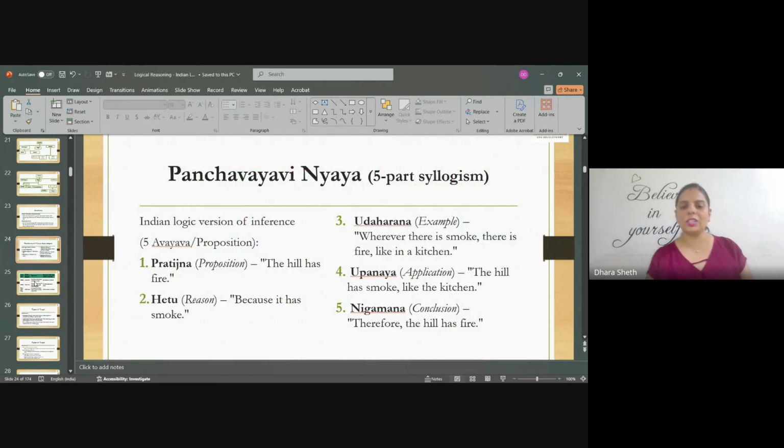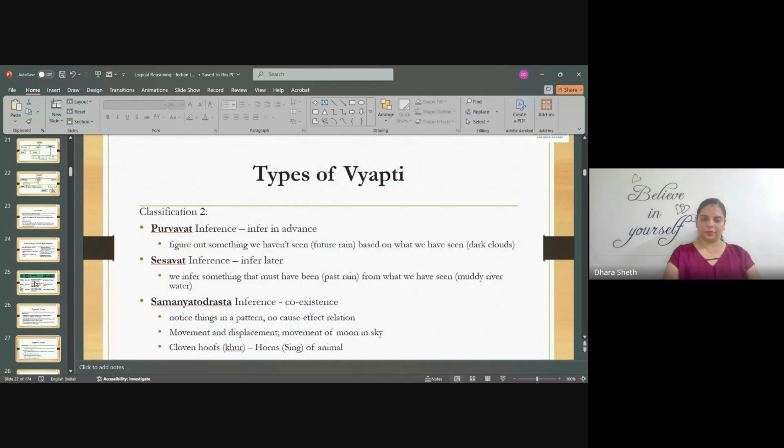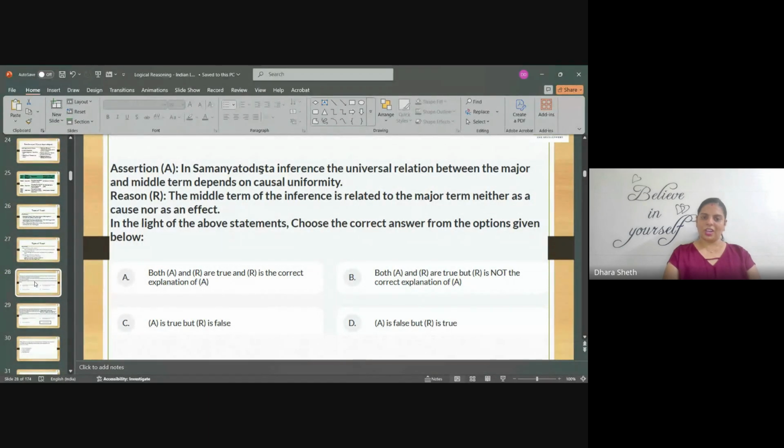We have already talked about the 5 propositions of inference and the 3 terms of inference. So now, based on this, a few questions. In Samanyato Drashta inference, the universal relationship between the major and the middle term depends on causal uniformity.